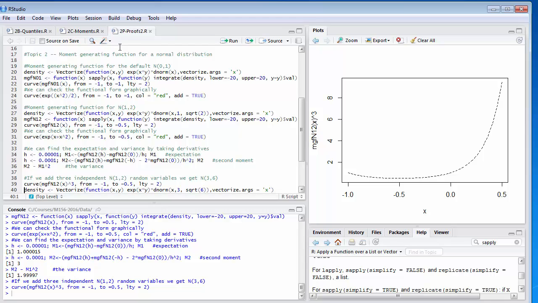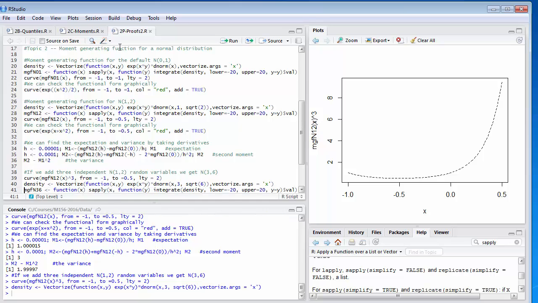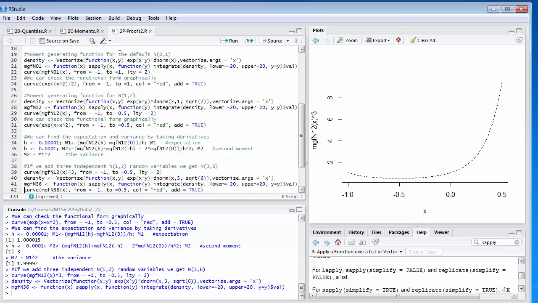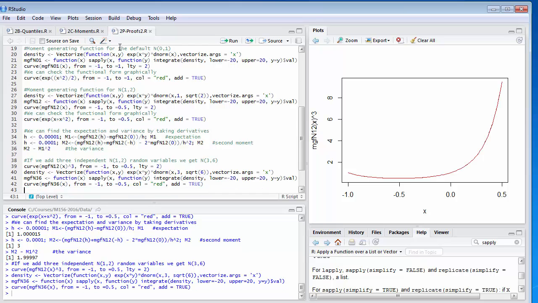So there is the cube of the moment generating function. And I've been a little bit sloppy. I guess I should have said N(1, square root of 2) and N(3, square root of, I can never remember. Anyway, I know I need the standard deviation here, which is why I use the square root of 6 and my otherwise standard code. And when I graph that, it's exactly the same.